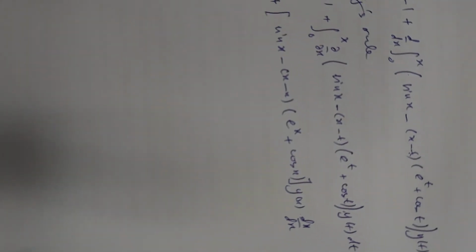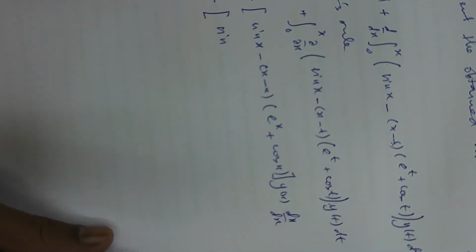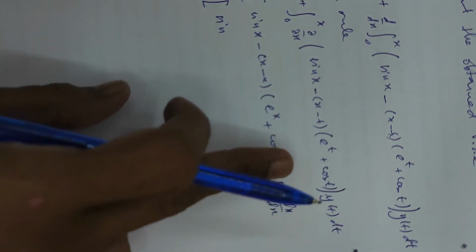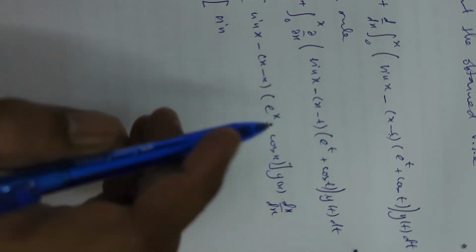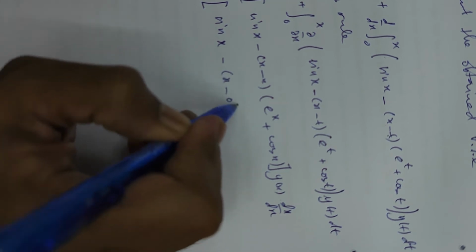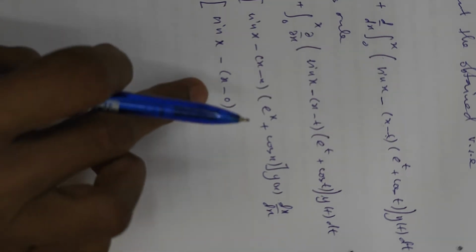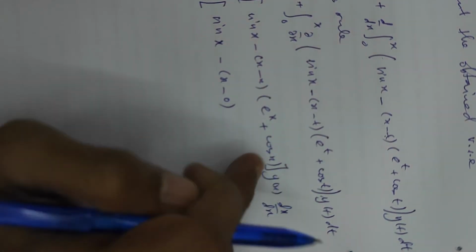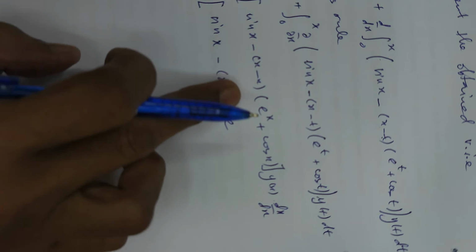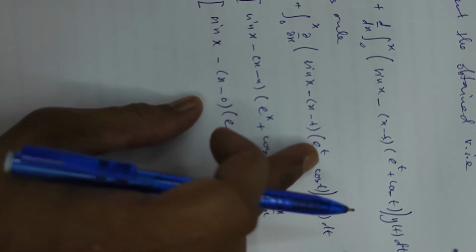And then do the same for the lower limit, minus we have sine x minus x minus 0, e to x minus t sine x minus t e to 0.